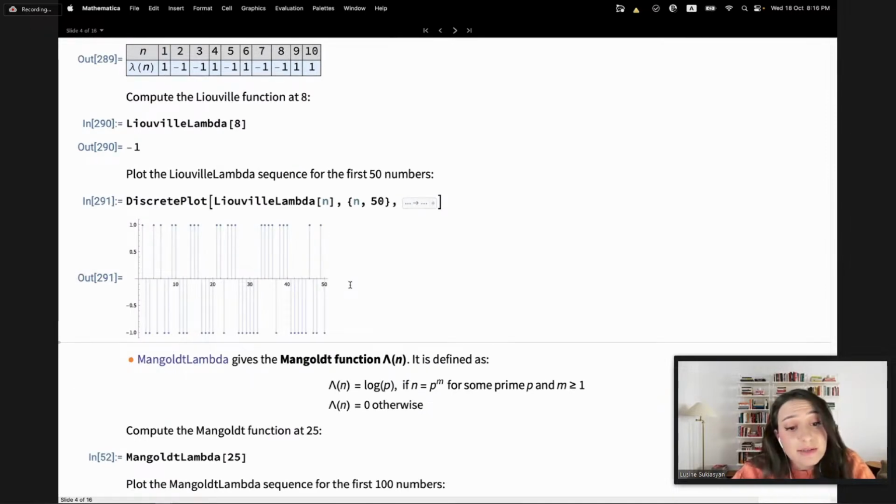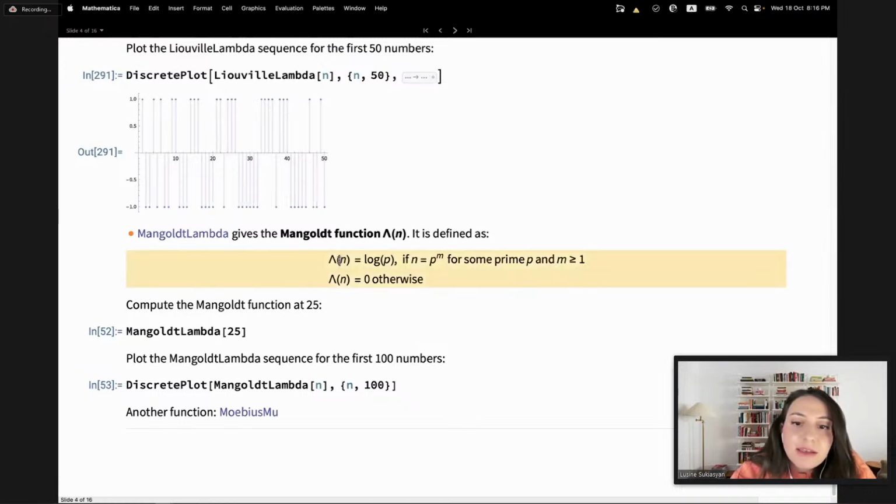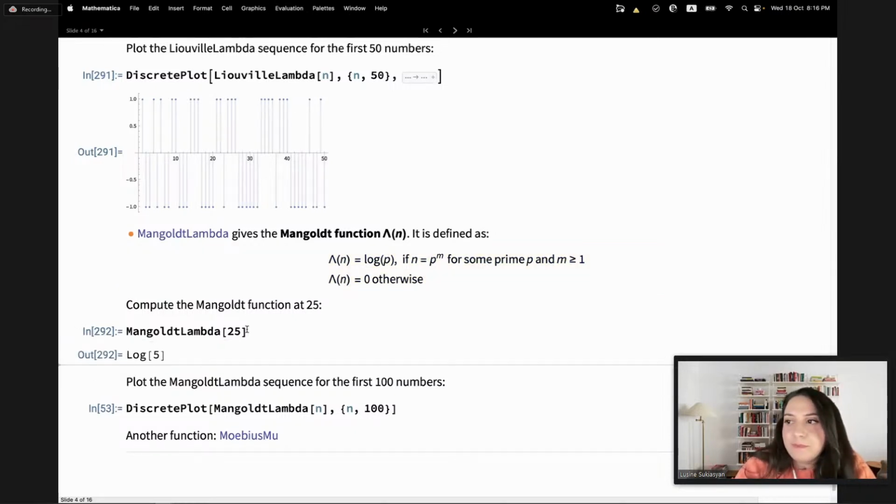The MangoldtLambda function is another one. It gives you the Mangoldt function lambda of n, which is defined as follows: if n is a power of a prime p, then lambda of n equals log p, the logarithm of p, and it is 0 otherwise. And so we can compute it at 25.